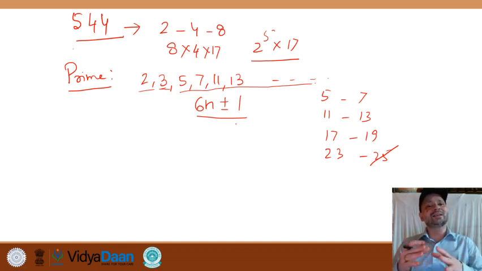So 2 and 3 are the most convenient to multiply any number with, even 5, because you simply take half of the number and place a 0. That way you can multiply any number with 5, so that becomes easier.